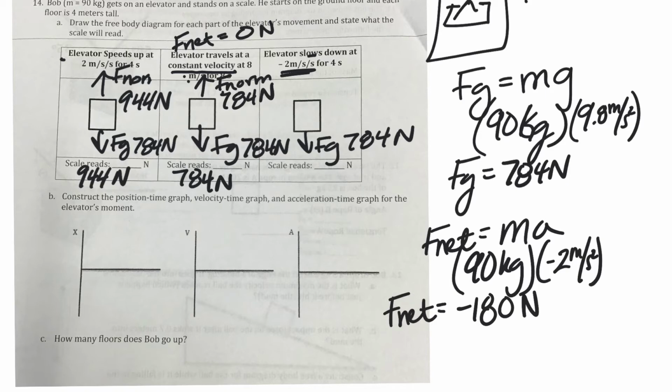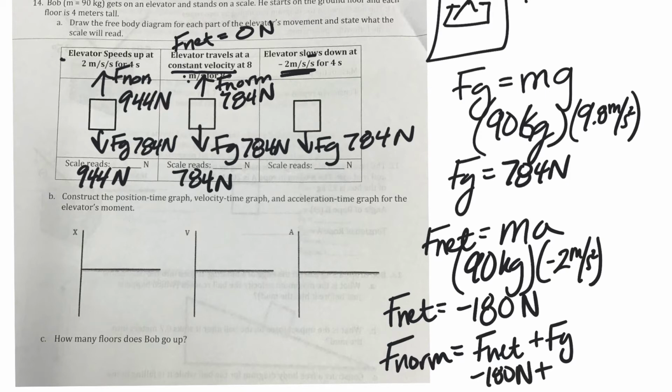Now the same idea applies to find our normal force. It's going to be our net force plus our force of gravity. So we have negative 180 newtons plus 784 newtons, and that equals our normal force, which is 624 newtons. And that's what the scale is going to read, because our scale reads our normal force.